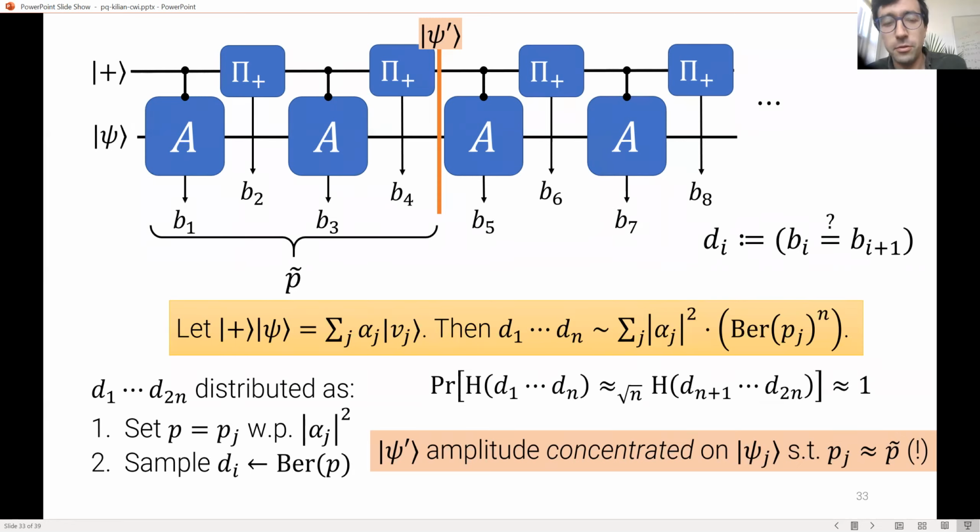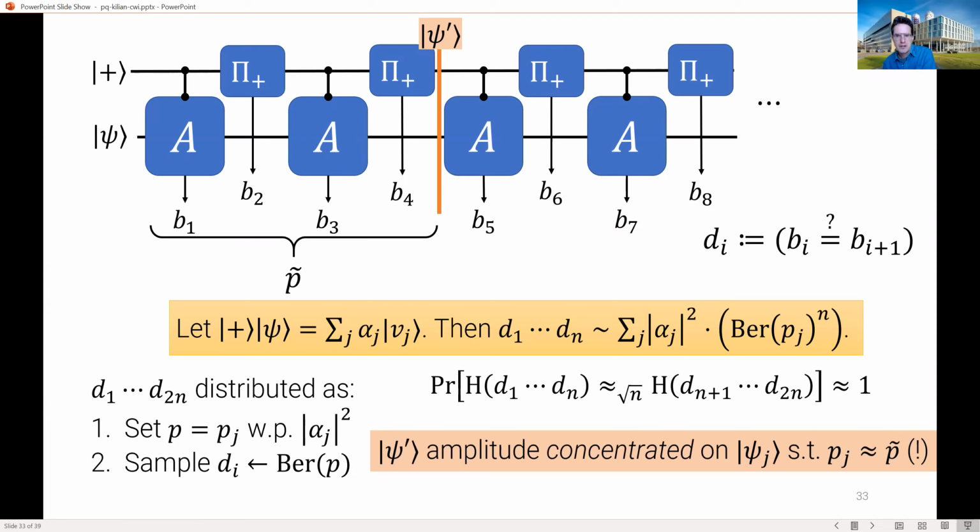The way that you can sample them is you choose the parameter according to the distribution, and then you sample them all independently as Bernoullis with this parameter. So they're correlated in the sense that the parameter is the same. They're correlated in this particular way, but otherwise they're independent.